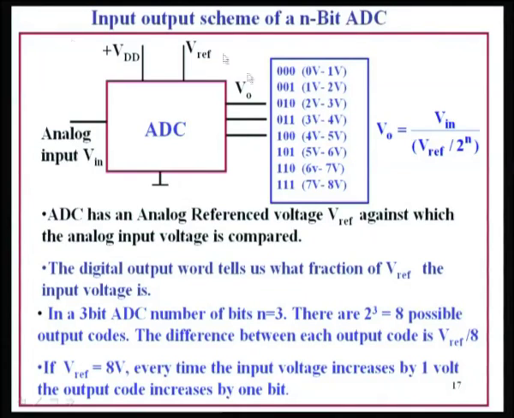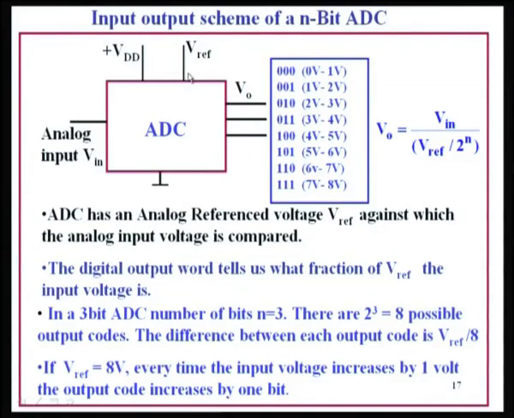This is a digital representation. In the case of 4 bit, 2 to the power of 4, that is 16 possible codes, 0000, 0001, 0010, like that. You will have 16 possible output codes.